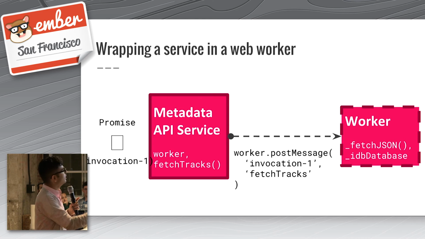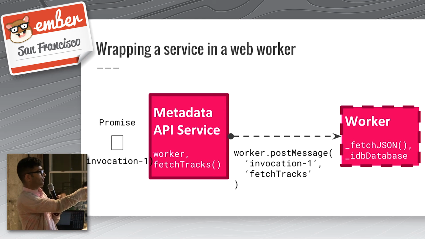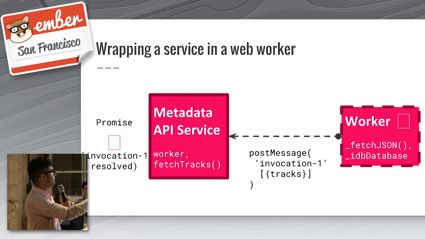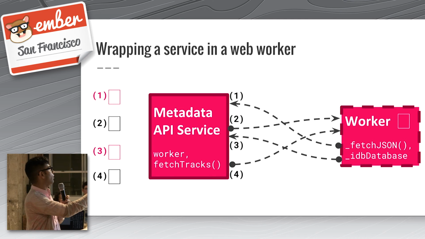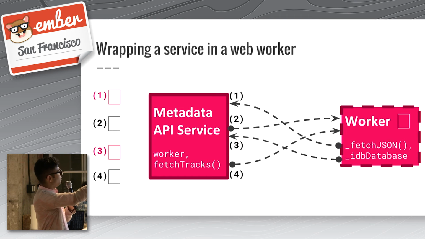So when you tag this, now you're including this invocation 1 tag to the worker, and the worker transparently passes it back to you. And now you know which promise it is, right? Here it's not all that impressive, but now you've got 4 calls, and you can map each box, aka promise, to the result correctly. So that's the advantage.